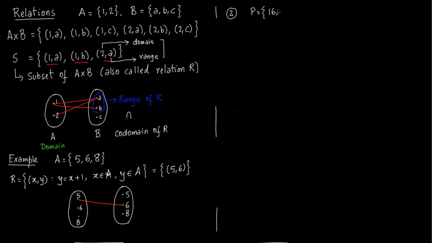Now we talk about more relations. So again I fixed two sets, 16, 81 and 0 as set P, and set Q as 2, minus 2, 3, minus 3 and 0.